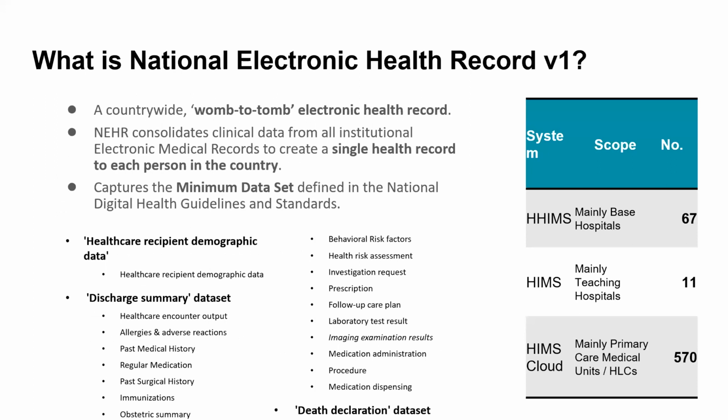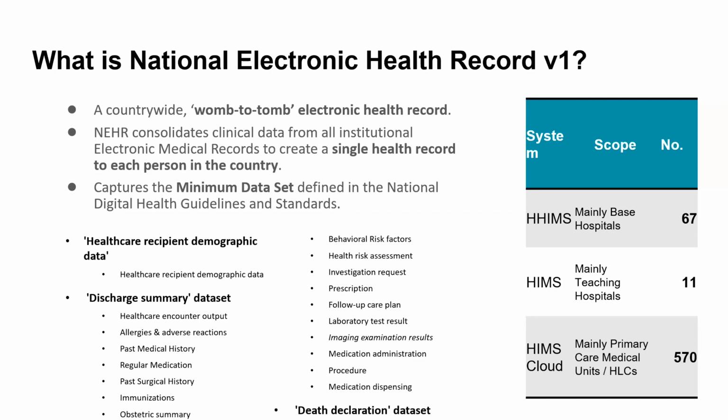So what is this National Electronic Health Record? As I said, it's a womb-to-tomb electronic health record. We have about three main electronic medical records in many state sector hospitals, but they hold the data in silos. They're not transferred across.